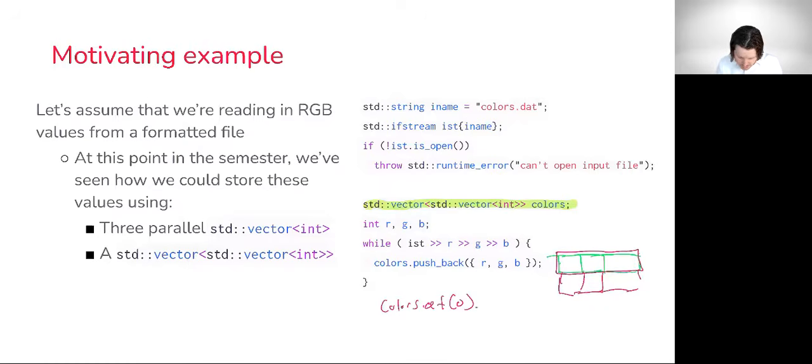And then if we wanted its R component, we could write something like .at(0), assuming that the R component occupies the 0th index of that two-dimensional color. If we wanted the G component, it would be the same, but at index 1. And then if we wanted the B component, it would be at index 2.